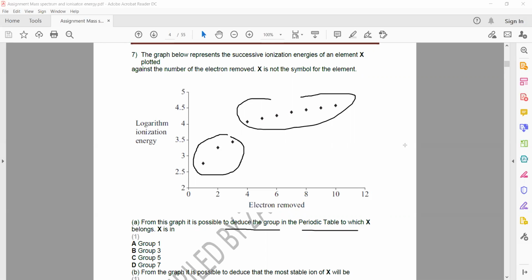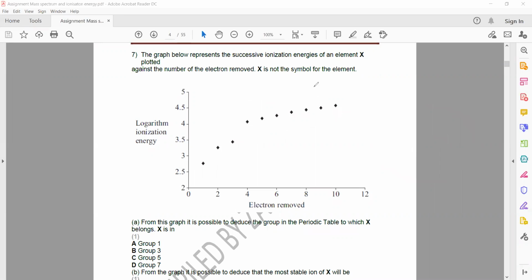Because the number of electrons in the last shell shows the group number. As we identified, 3 of the energies are close and then there's a gap, which shows that there's a change. Why is this gap there? Because of a change in orbital. And why is this other gap there? It's because of a change in shell. And how am I sure that this is because of a change in shell?